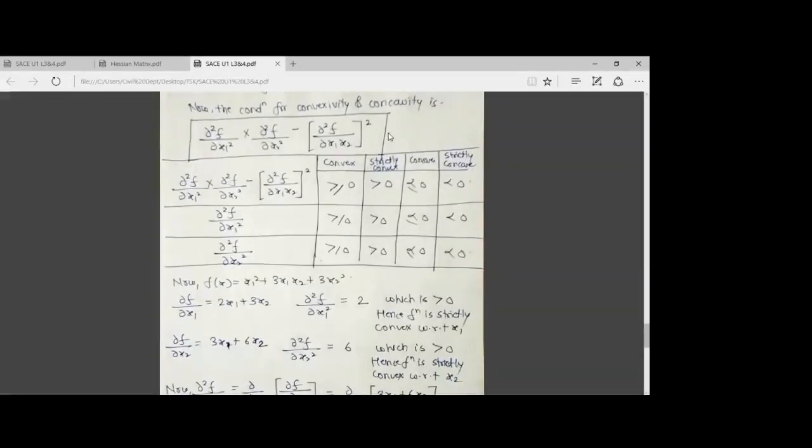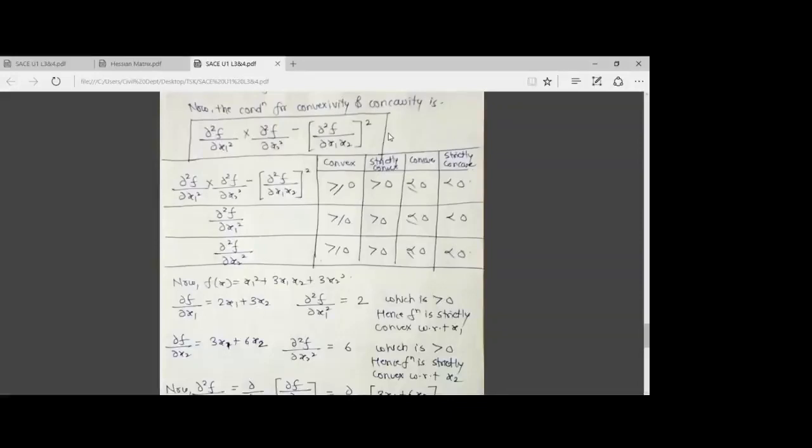For our syllabus we have two variable functions. That means the numerical up till now that has been asked is related with the two variable functions, right? कि जिसमें दो वेरिएबल होंगे, for example x1 and x2, और उनकी कॉन्केविटी हम लोग कैसे डिसाइड करने वाले, ठीक है?